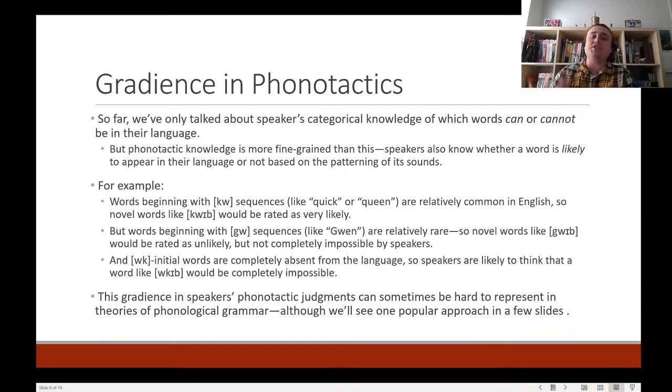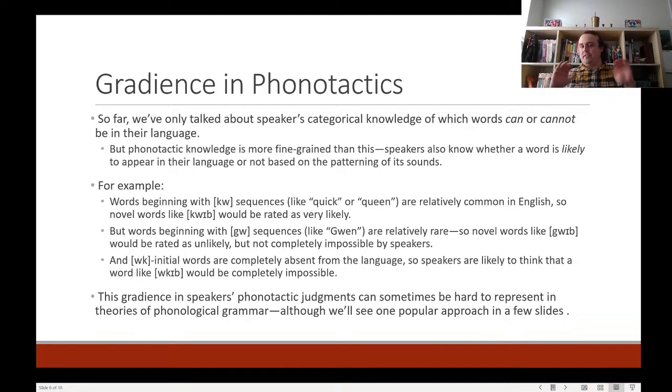But words beginning with GW sequences, like the name Gwen, are relatively rare. So novel words like gwib would be rated as maybe a little unlikely, a little weird sounding. Not completely impossible, right? We've got words like Gwen, but gwib just wouldn't be, I think, quite as well-rated a word as quib.